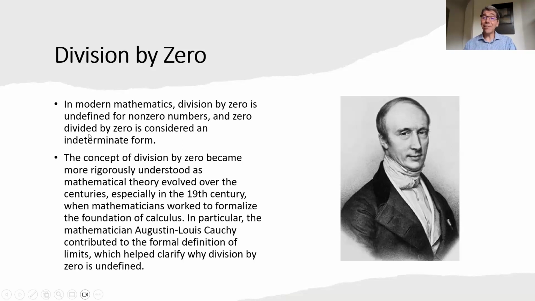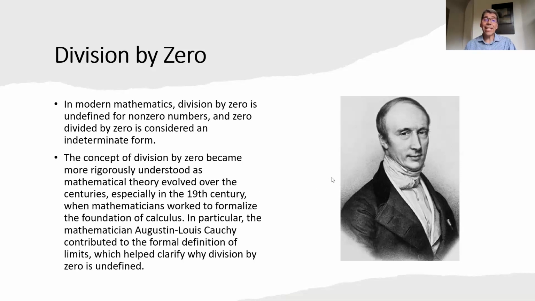0 divided by 0 is also considered indeterminate. So basically you cannot get to a solution for that. And let's take a look at why this is the case. We are going to talk about the division by 0 and look at that really quickly.